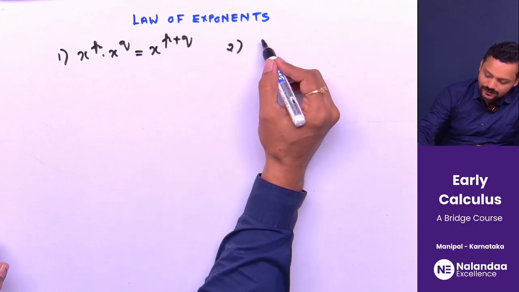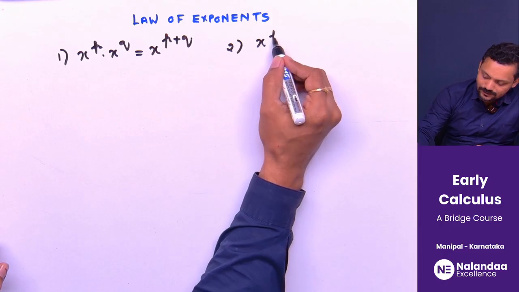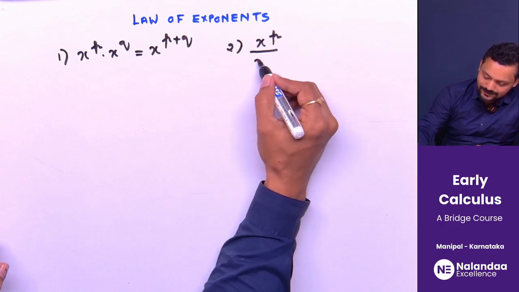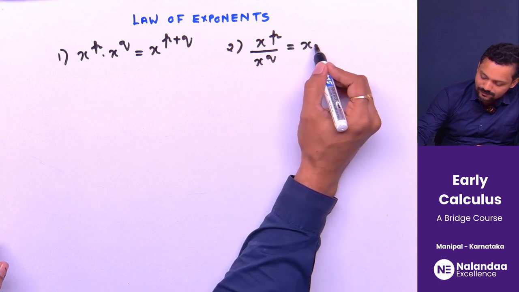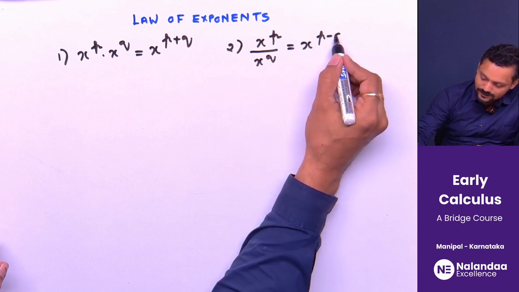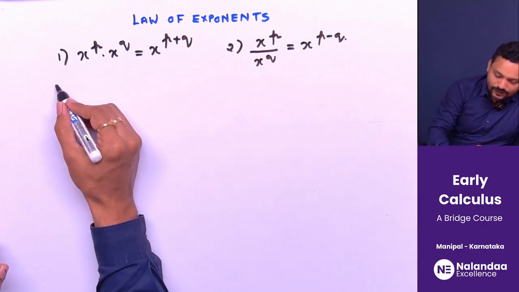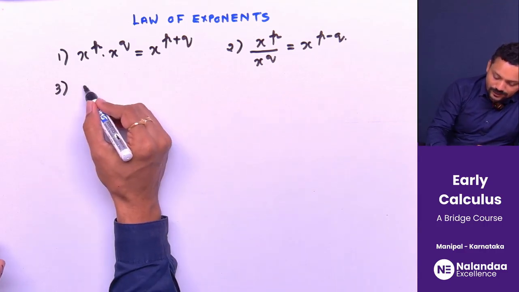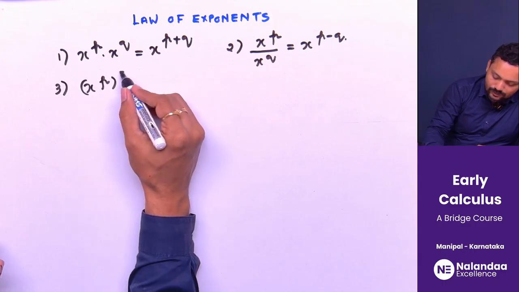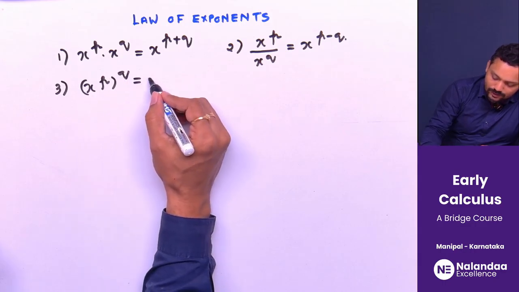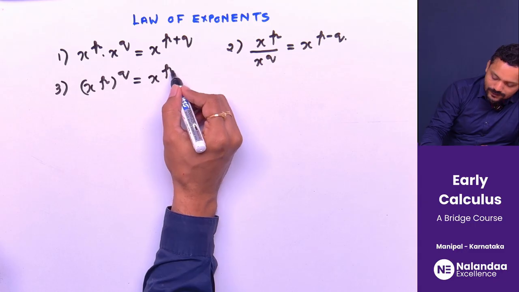Second one, x power p divided by x power q is equal to x power p minus q. Third one, x power p power q is equal to x power p into q.